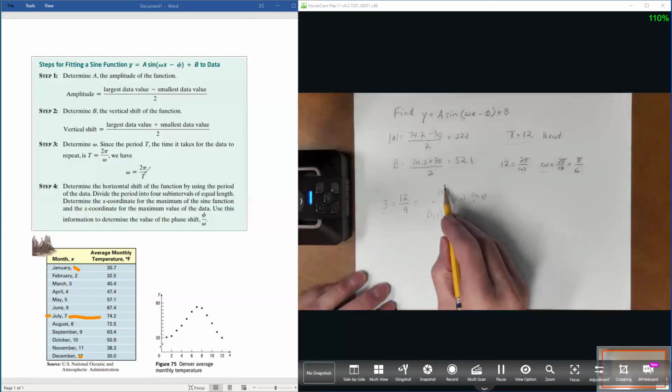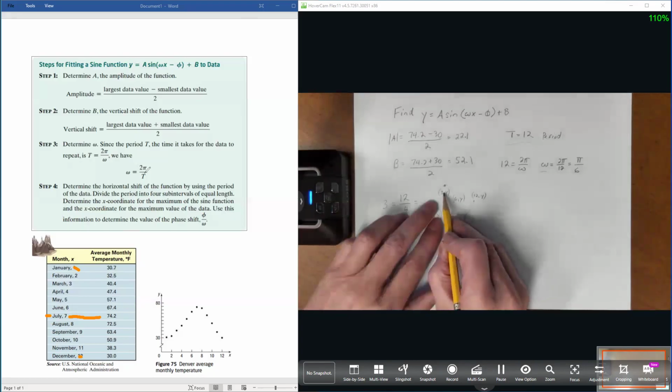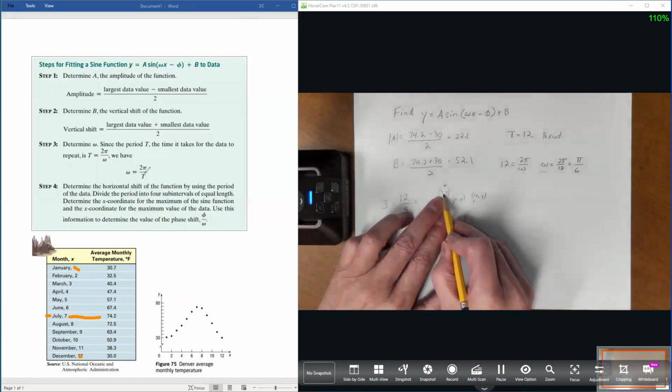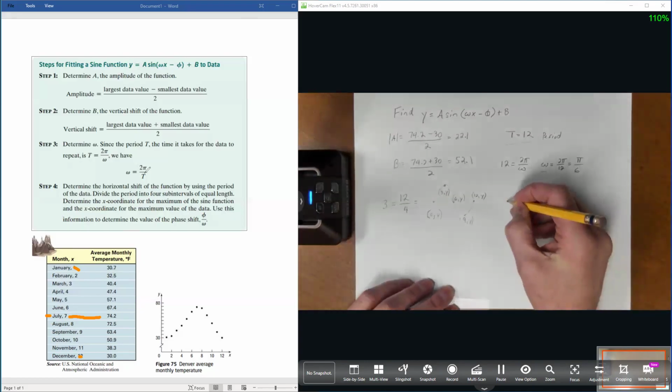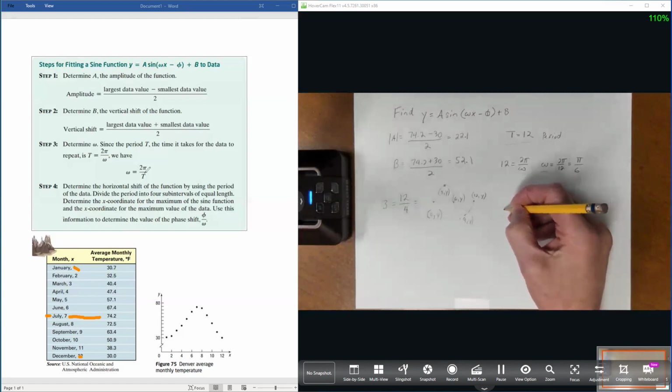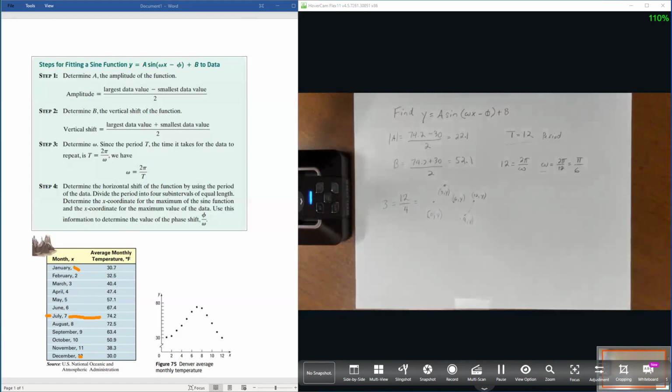So we need the maximum to happen at 7, which is 4 more than where our maximum is happening now. So we know that we're going to shift, in this case, by 4 units.